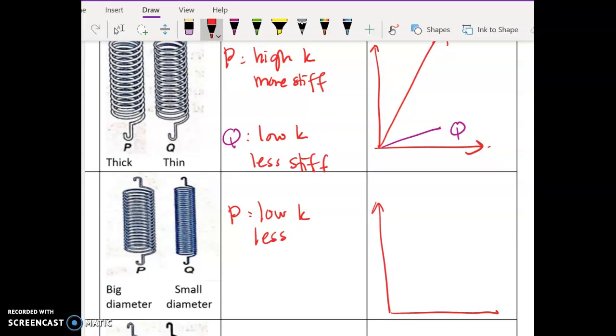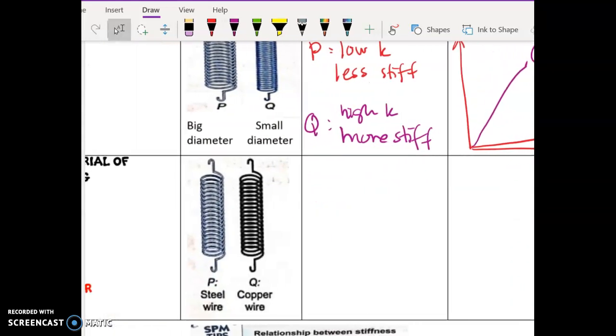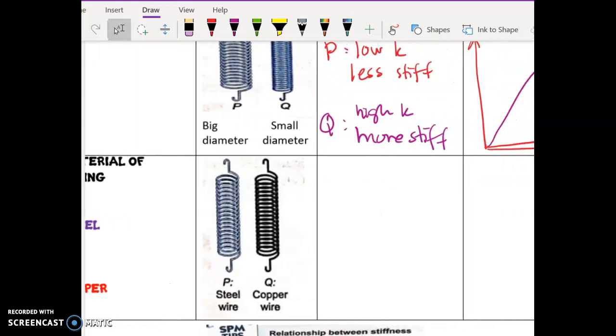Oh, sorry, this should be X here. So less stiff has a less steep graph. Whereas a small diameter spring has a higher spring constant, it is harder to extend and harder to compress. So it is more stiff and the graph is more steep. Okay, the last one is the type of material of the spring, which is steel and copper.